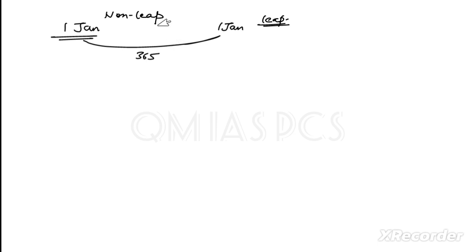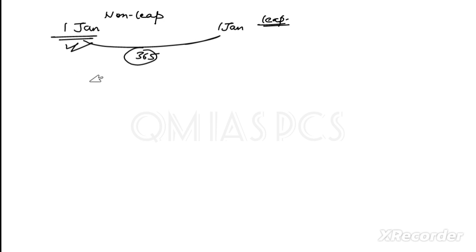Why? Because we are taking this year just as 1st January, not the February part, because in that February part there are 29 days. Then there is a concept of leap year, right? So it will be like 365 days. You will get the same one day extra.